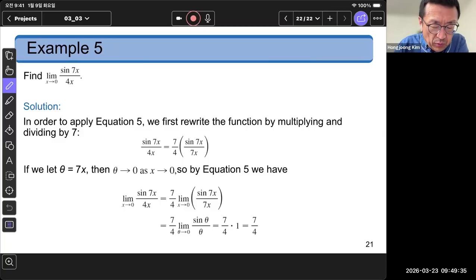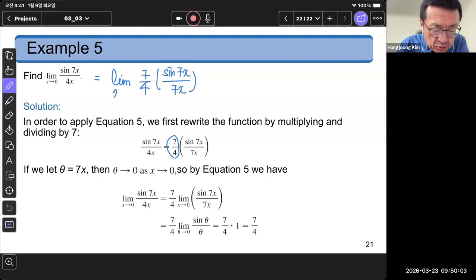Sine 7x over 4x can be written as 7/4 times sine 7x over 7x, right? And so this is the limit of 7/4 times sine 7x over 7x as x goes to 0.